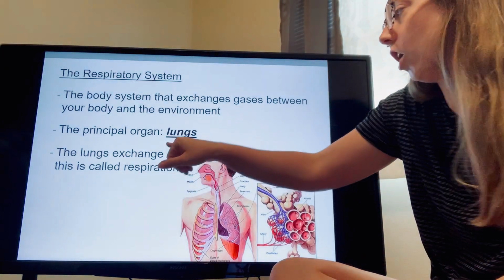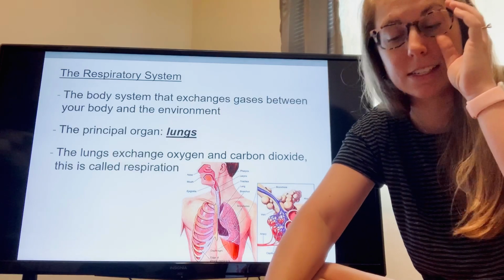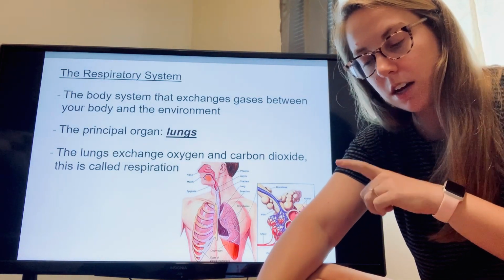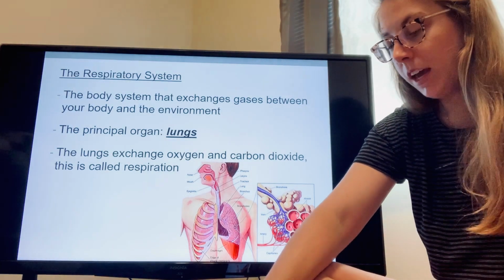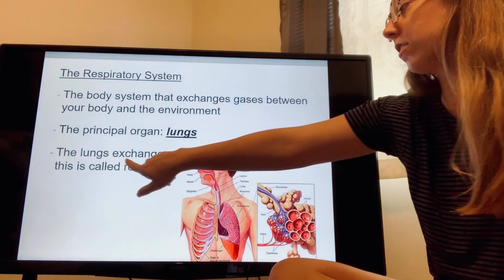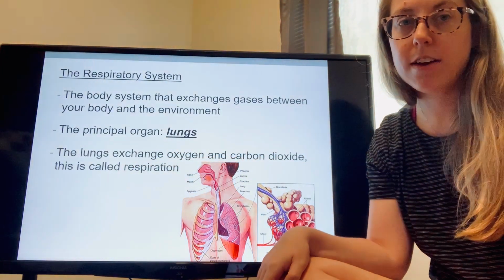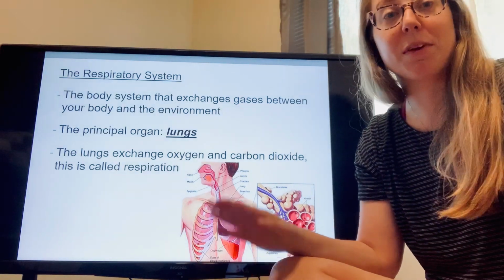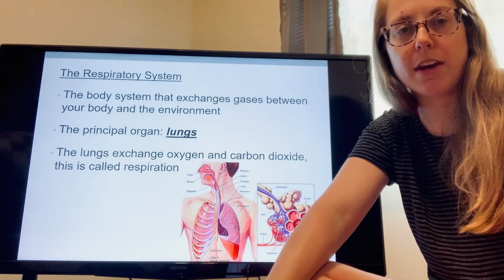The lungs are the primary organ working within that system. And the third thing is that the lungs exchange oxygen and carbon dioxide. This whole process is called respiration, and respiration we know to be our breathing. We breathe in oxygen and we expel or release carbon dioxide.